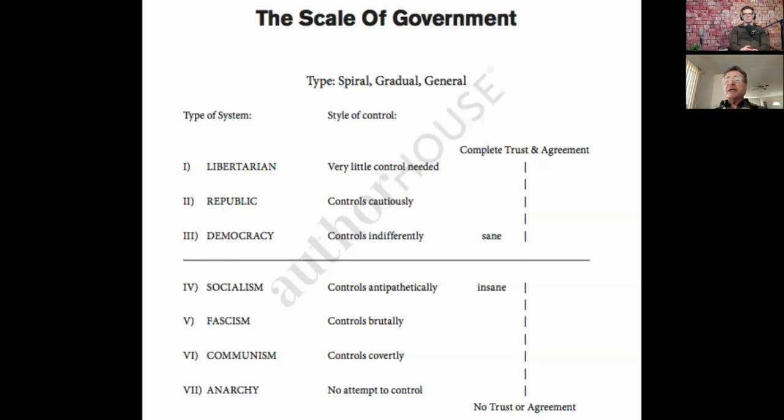The lowest level of government is communism. Communism controls covertly. And let me tell you what I mean by covert. They say, we're doing this for the benefit of the people. We love the people. Okay? The People's Republic of China. That's covert. So if you do a little something they don't like, they kill you or they put you in a concentration camp.